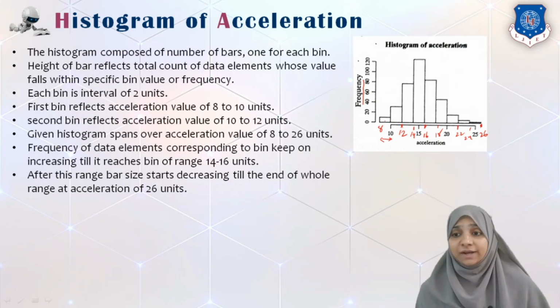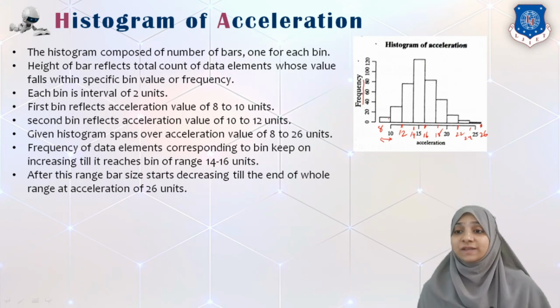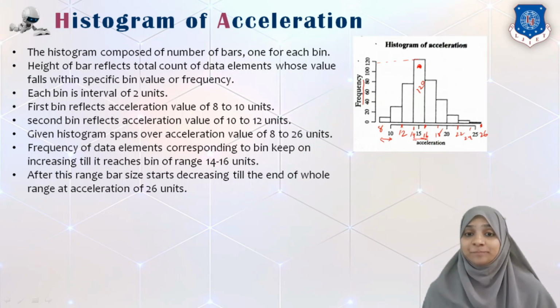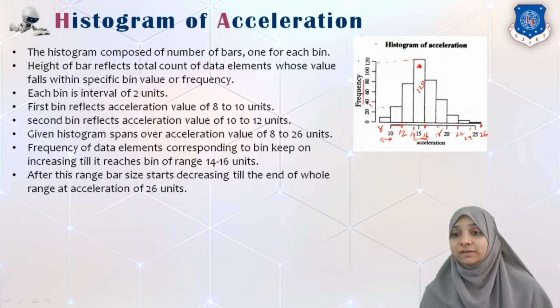So here the interval of the bin is 2 units and as you can see the number of samples is very less in the bin from 24 to 26, and the highest number of samples is 120. 120 samples are there in the acceleration bin from 14 to 16, and the number of samples in this particular window 10 to 12 is actually 30.